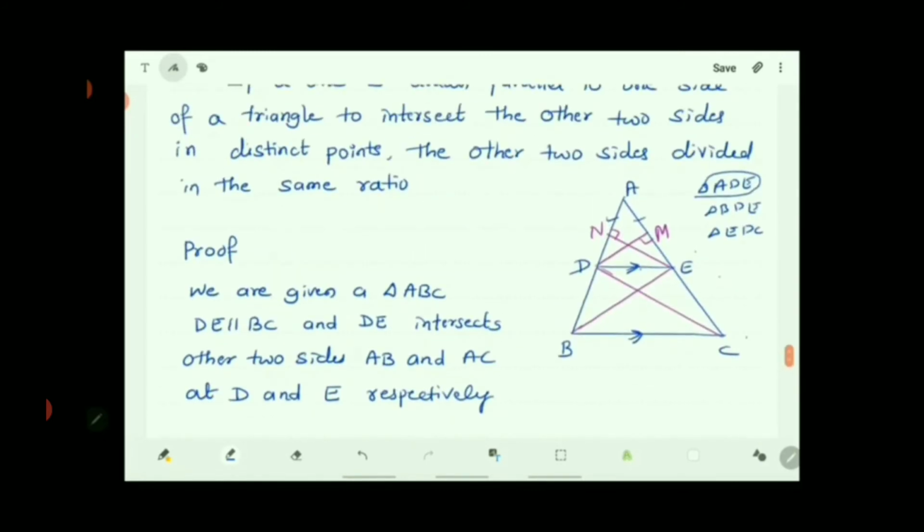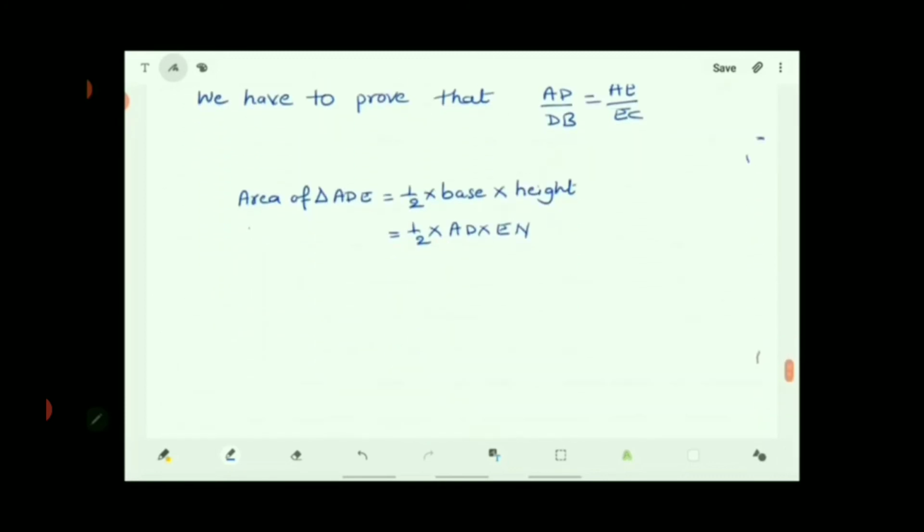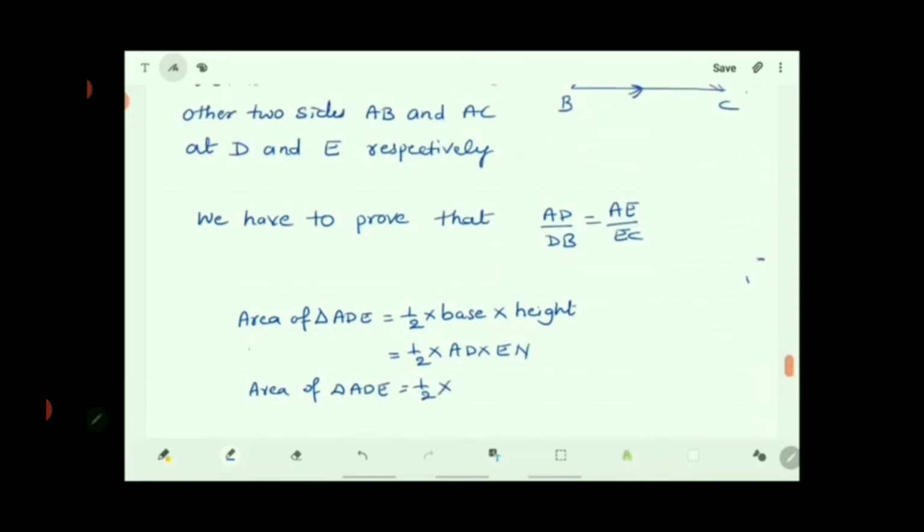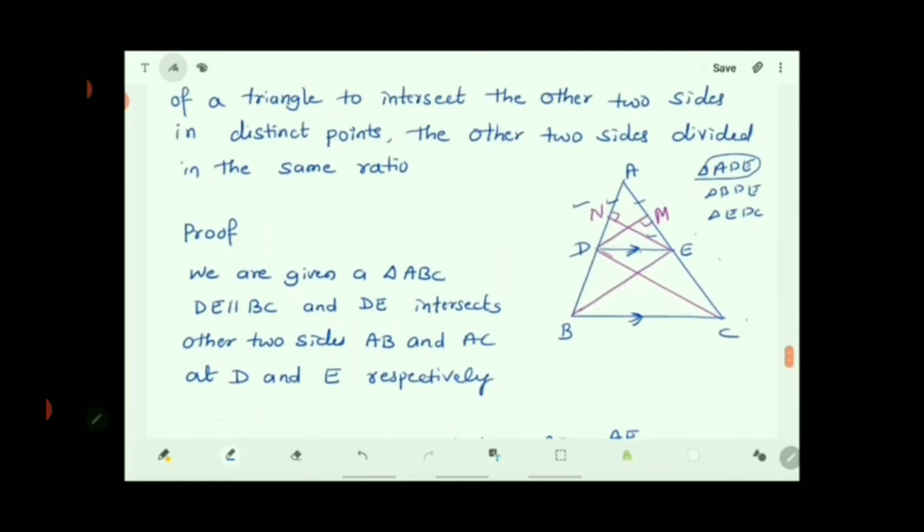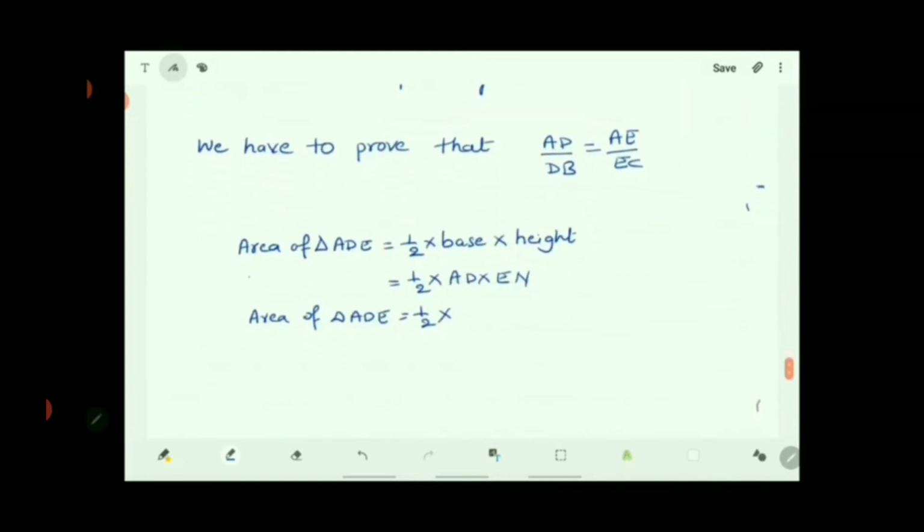You should consider the base AD and height EN. And area of triangle ADE is also half into AE into DM, if you take AE as base and DM as height.